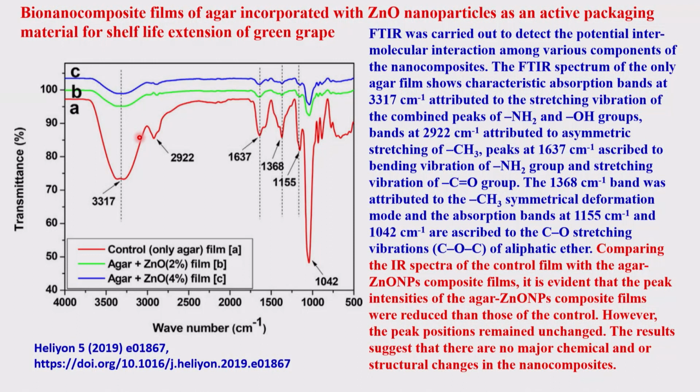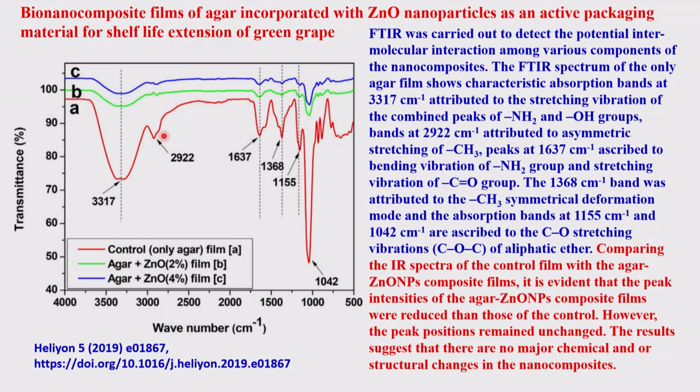Now here it is a biocomposite film of agar into which you put the zinc oxide nanoparticle. This whole film can be wrapped around the grapes, and the grapes' shelf life will be longer. The grapes will not get dried or shrunken, etc. All of those can be prevented. So this is basically used for active packaging for shelf life. That is an application.